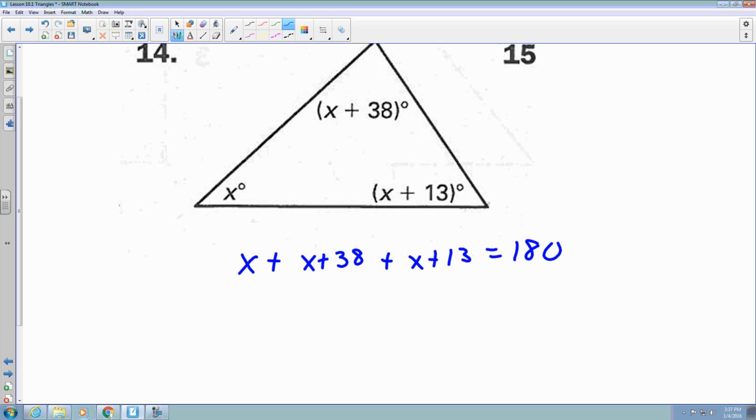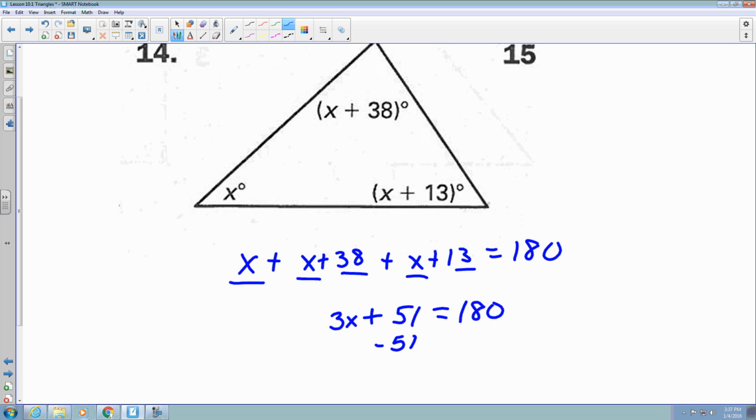So from here, we get to combine like terms. I have like terms with the three values of x. So x plus x plus x gives me 3x. Plus I have like terms of 38 plus 13, which gives me 51. So now I have 3x plus 51 equals 180.